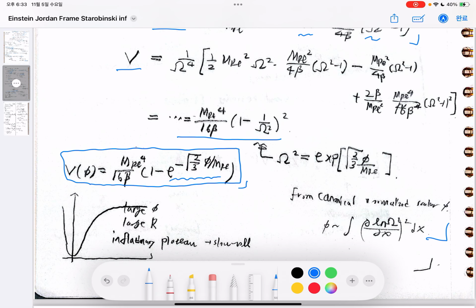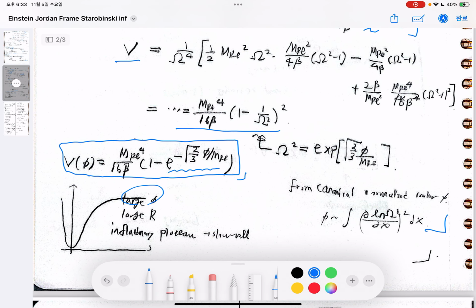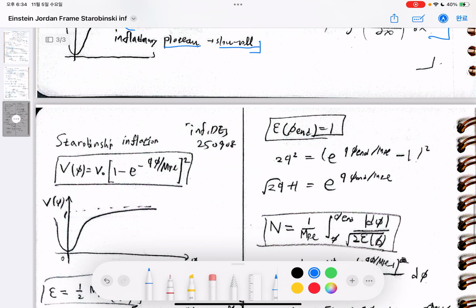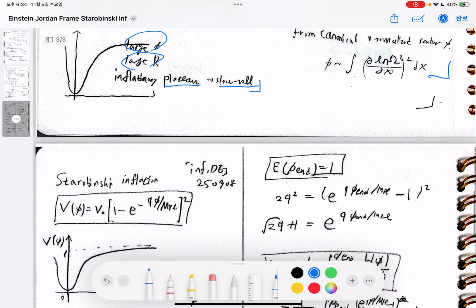So for large φ, the Riemann curvature is large, and the potential has a plateau, so the inflationary slow-roll condition can be satisfied. So the point is that in the Jordan frame the action is given by the R squared term, but by the scaling transformation, the scalar potential can be obtained, and this gives the plateau potential, which gives the inflation picture. So this is the story of the Jordan and Einstein frames.